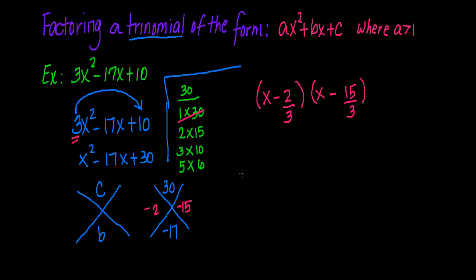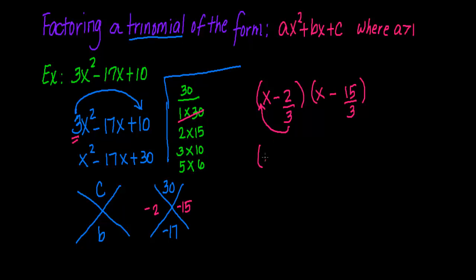Your next step would be to reduce the fractions. Now I want to reduce the fractions to where I have a number that's an integer. I don't want decimals. So this fraction here I cannot reduce. When you cannot reduce the fraction to an integer, then what I do is I take the denominator, that 3, and you're going to write that 3 here in front of this x.